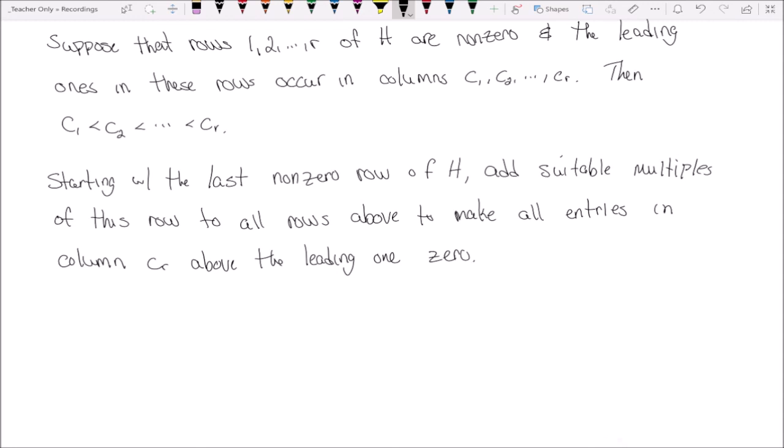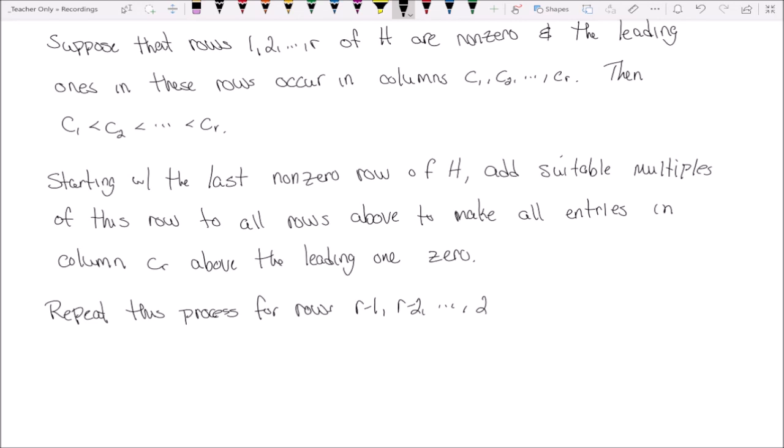In other words, in the REF method, we zeroed out every entry below the leading one. Now we want to zero out all of the entries above each leading one. So starting with the final non-zero row, take that leading one and zero out every entry above it. Then we repeat this process for rows r-1, r-2, and so on, up through the final row 2.